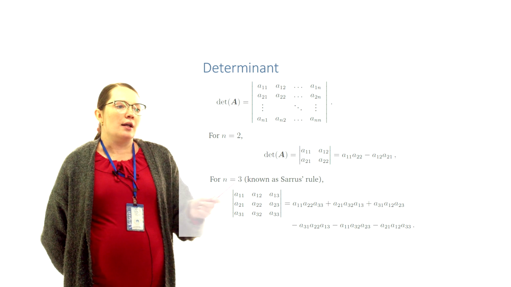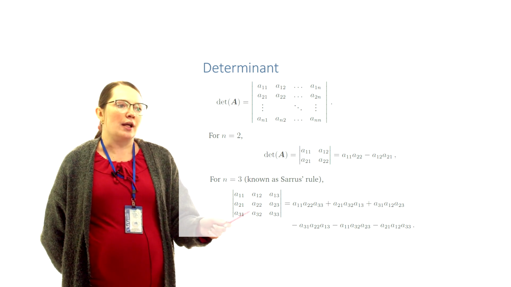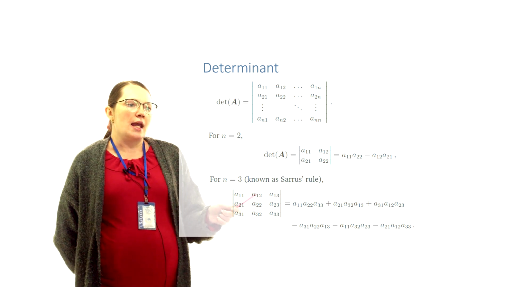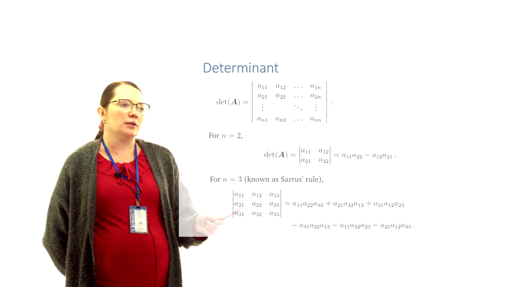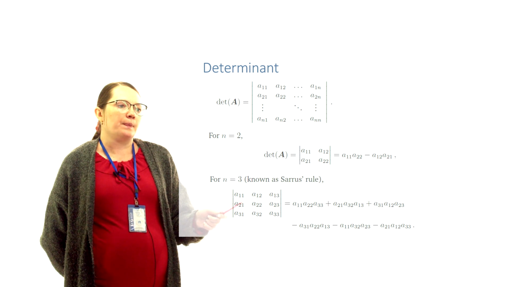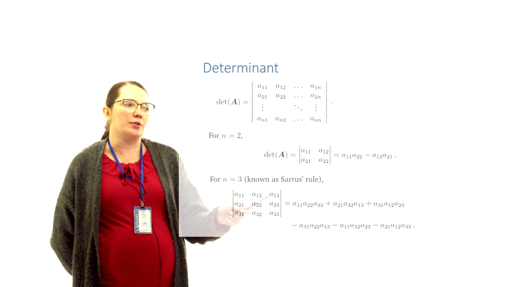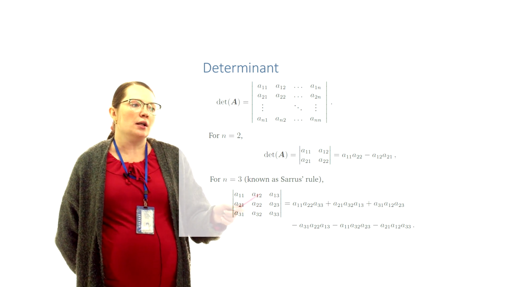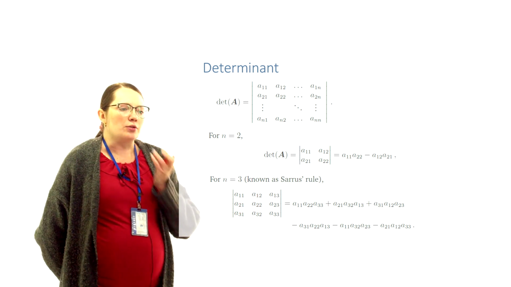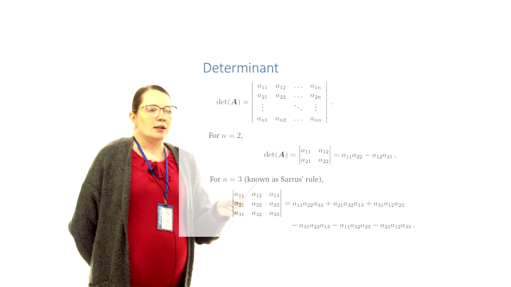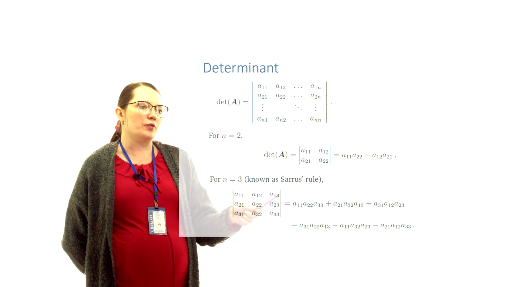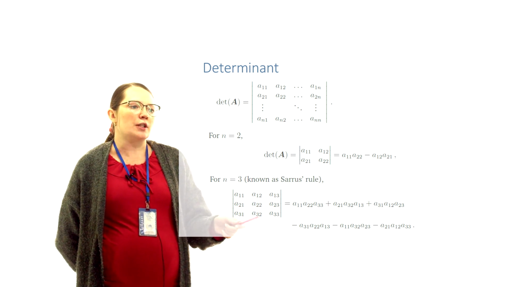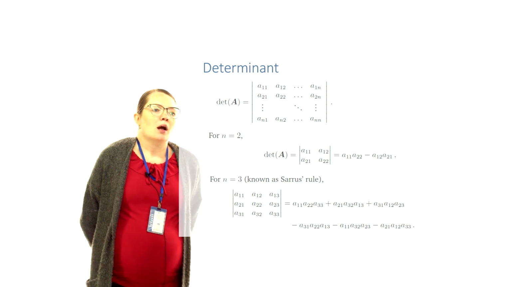Then we add the product of terms on this triangle which crosses the main diagonal, so this is A21, A32, and A13, and we add the product of another triangle, A12, A31, and A23. And then we subtract the product of the sub-diagonal elements and the product of the corresponding two triangles.